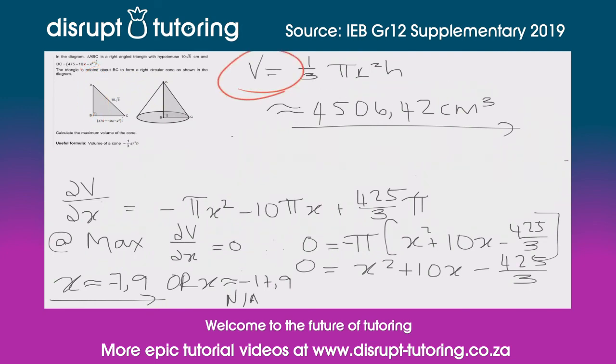Multiply out to get the volume, then realize that at the maximum volume, the derivative is equal to 0. Find the derivative, equate it to 0, and find your x values, understanding that only the positive x value is important here. Once you've got your x value, plug it into the original volume formula, not the derivative, and that will get you the maximum volume of this cone.